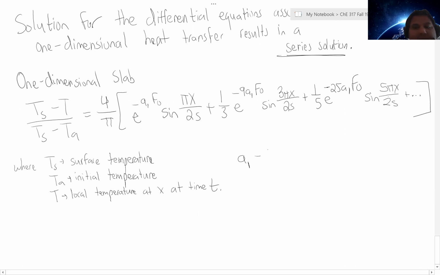So a sub 1 is simply pi over 2 squared. s is 1/2 of the thickness of the slab.